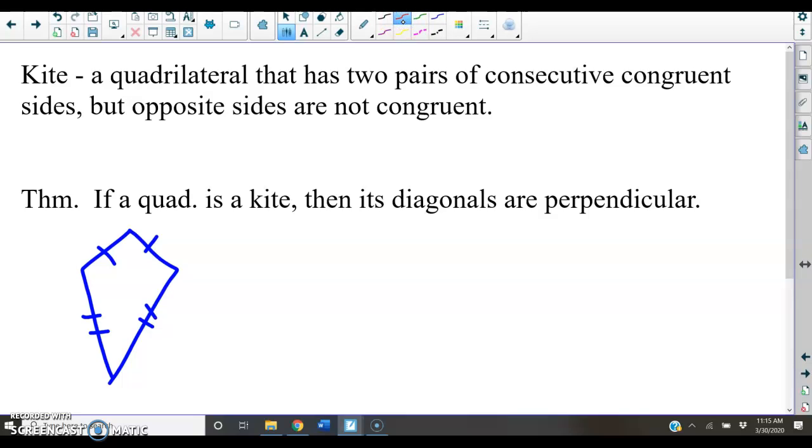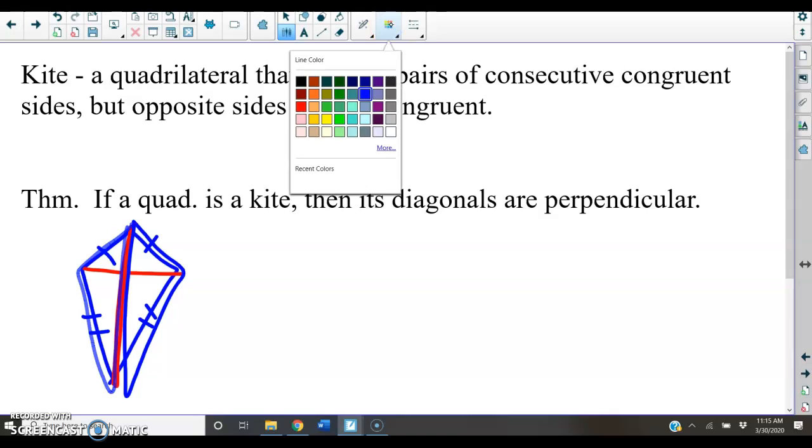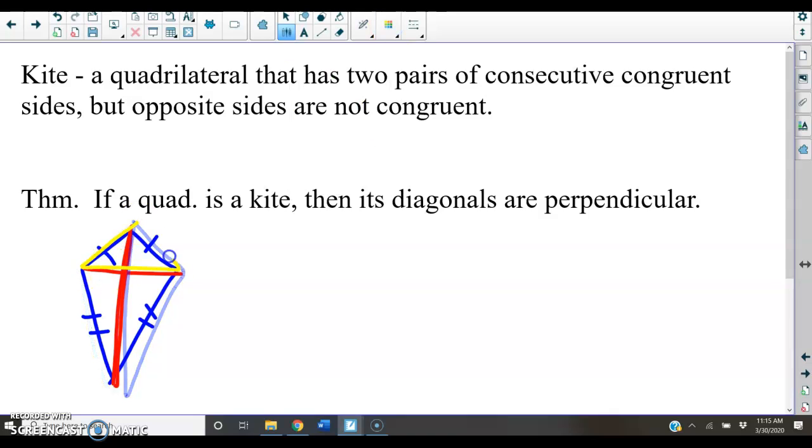But if we put in our diagonals, okay, the triangle here on the right, I want the temporary pen. This triangle and this triangle are congruent by side, side, side. I wish I could make those different colors. Maybe I can. And this triangle, let's see.